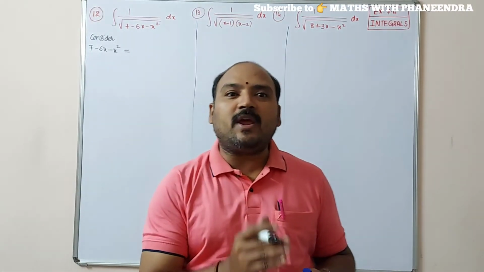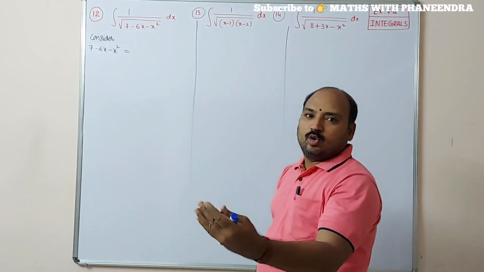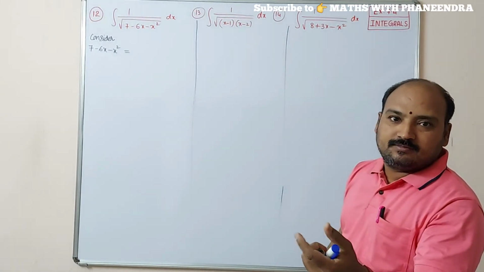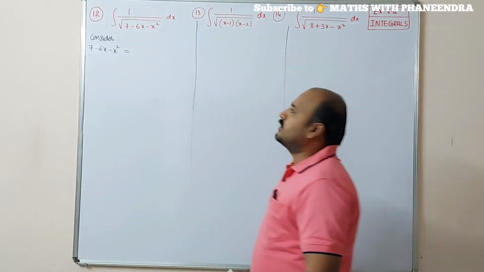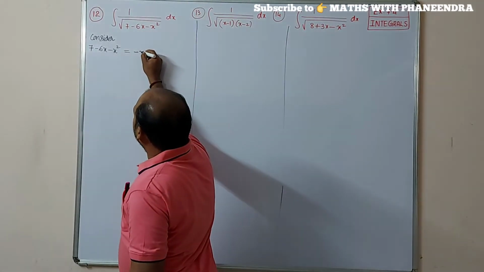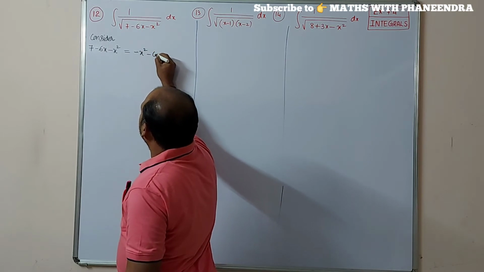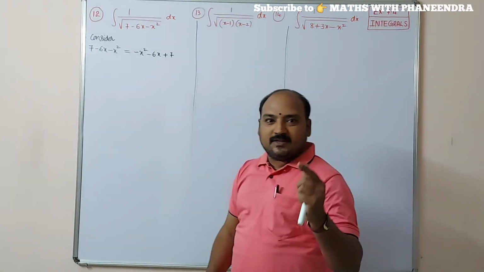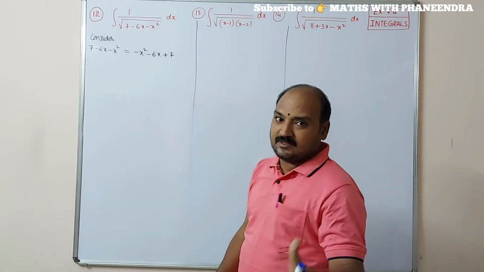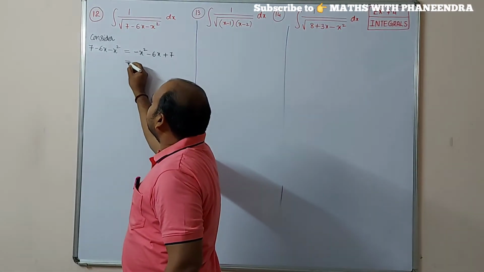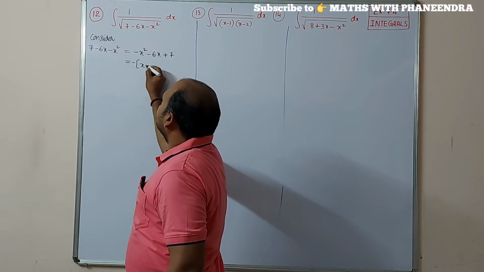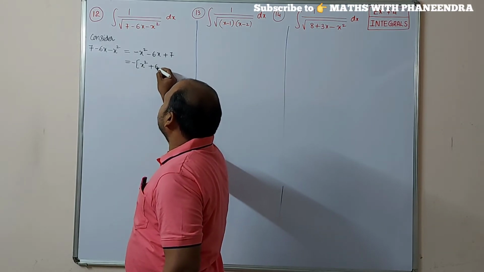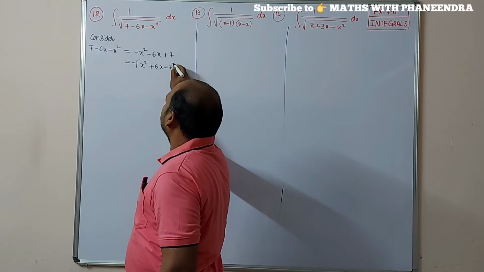We have to first put it in order: quadratic term, linear term and constant term. So minus x square minus 6x plus 7. But I want to make the x square coefficient 1, so I am taking minus common. So x square plus 6x minus 7.